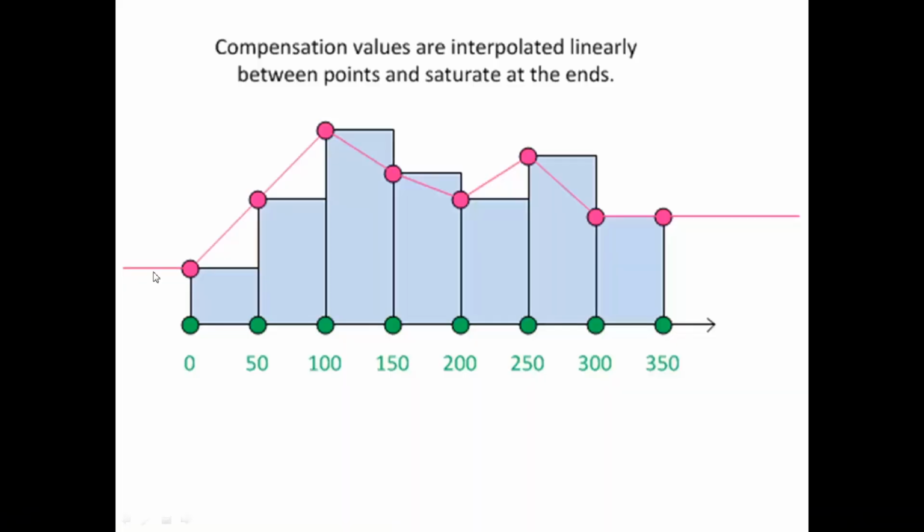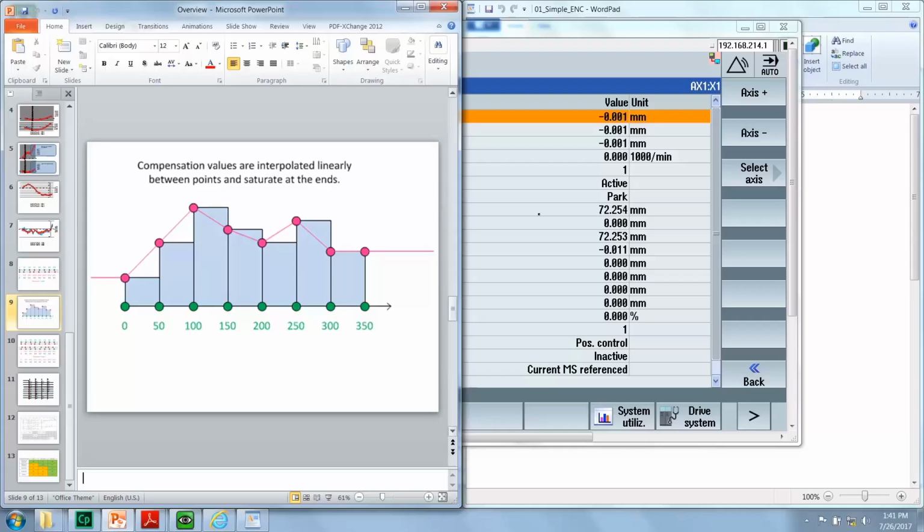These blocks don't represent the data I punched in, they just represent something I was able to draw. As we have each point where I have something defined at 0, I have something defined at 50, I have something defined at 100, it just is a straight line between them. So whatever shape that we have, the control just automatically calculates the difference in space between the two of them, looks at the difference in comp, and weights it based on how close you are to each side.